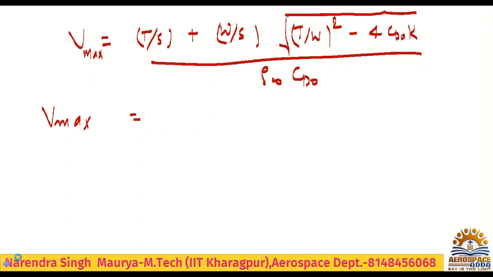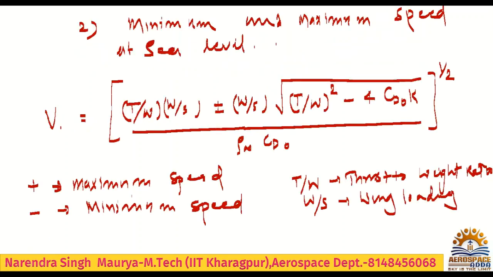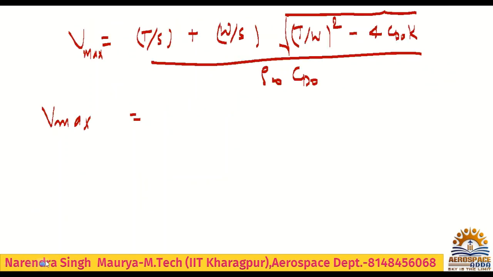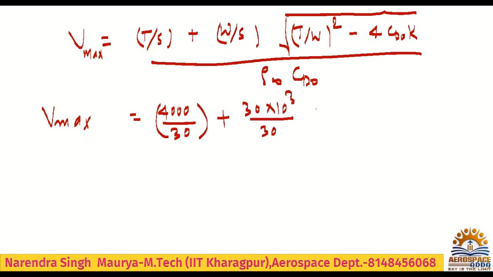I told you we have plus minus both. If you write plus, then maximum. Calculate: what is the thrust they have given? 4000 divided by what is the area? 30 meter square. Plus, what is the weight they have given? 30,000, so 30 into 10 to the power 3. Area 30. Okay, here I forgot to write 1 by 2.